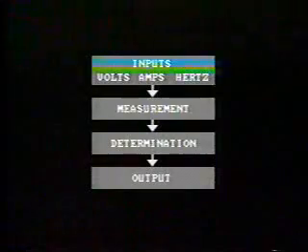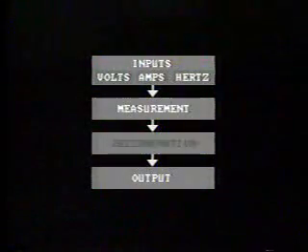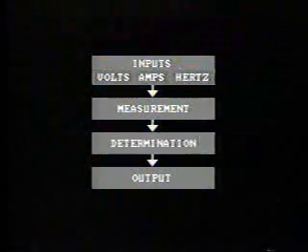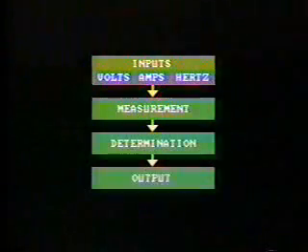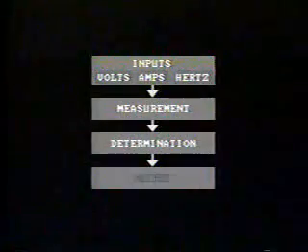The relay measures these values and then determines if the circuit operating conditions are within normal parameters. Under normal operating conditions, output is zero. That is, a set of open or closed contacts at rest.